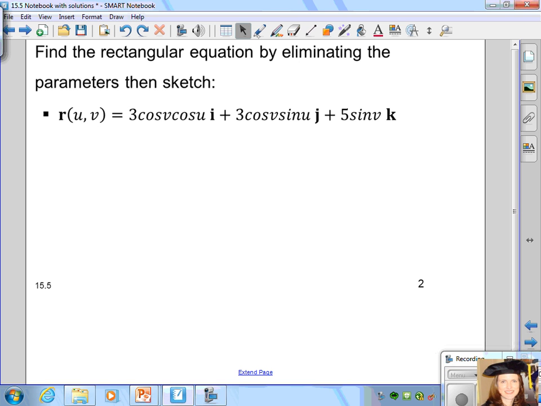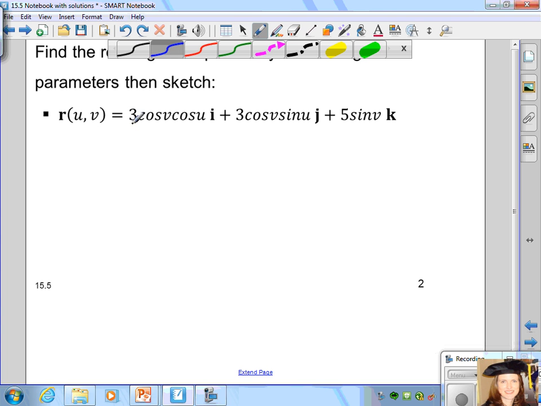We can begin by letting x equal the first component, y equals the second component, and z equals the third component. So we have x equals 3 cosine v cosine u, y equals 3 cosine v sine u, and z equals 5 sine v.